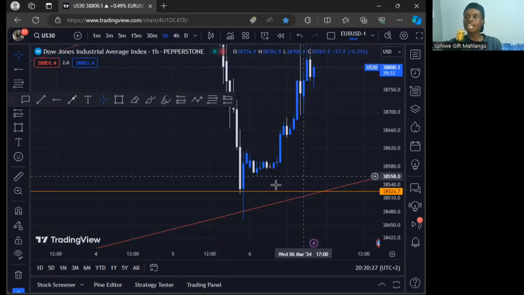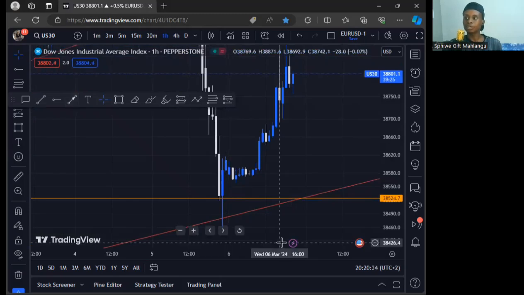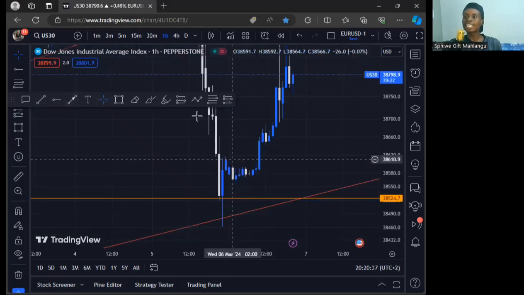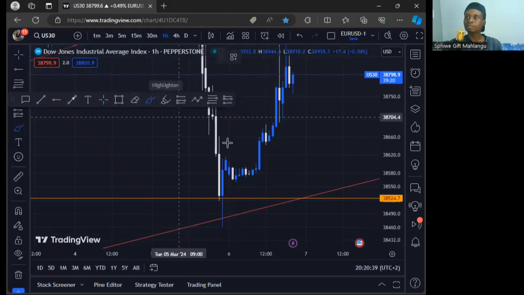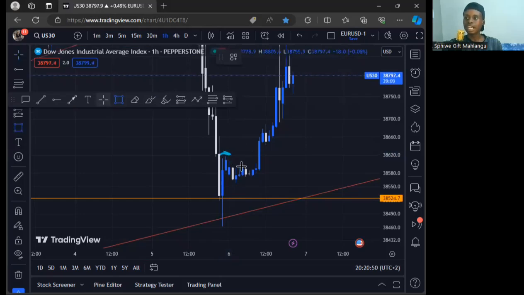Immediately when it makes a swing high, the market could probably turn and go back down, right? I want the market to take out that swing high that it just made. This is the swing high that it just made. I want the market to take it out, right? And then what happened? After the market takes it out, I want to see something called a fair value gap.